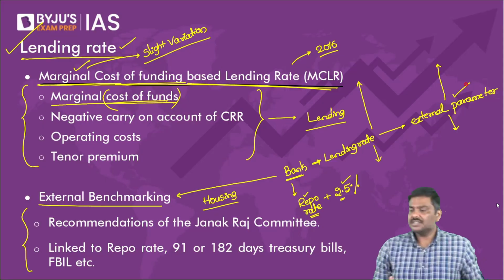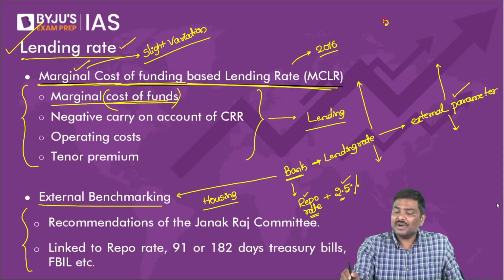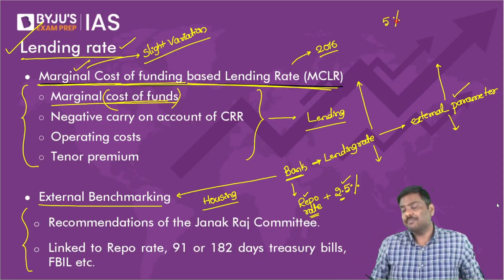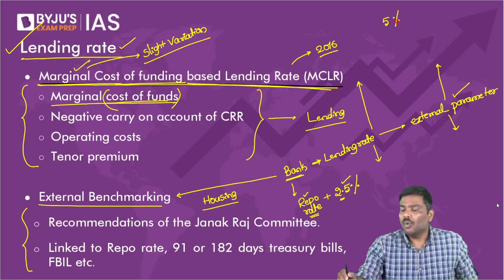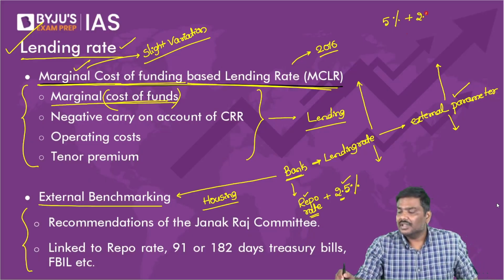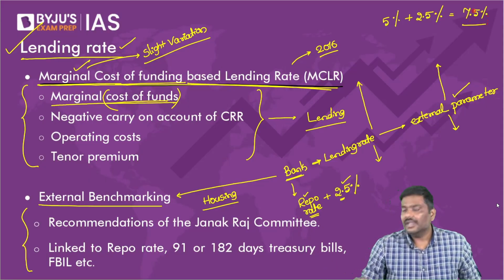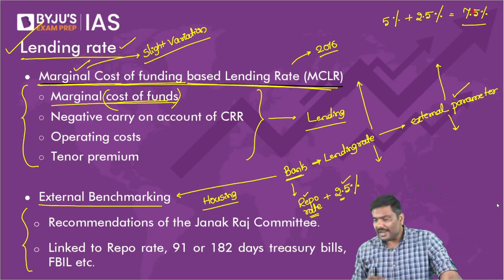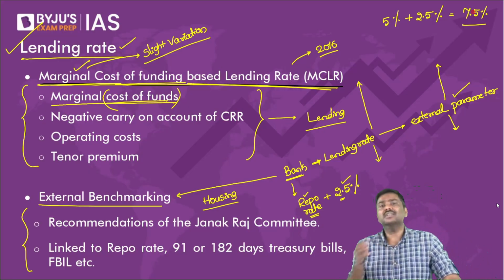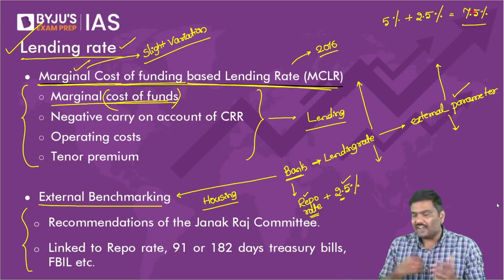Now think of this. If the repo rate is 5%, what will be the lending rate? The lending rate, that is the rate of interest, will be 7.5%. Any problem? If the repo rate is 5%, the rate of interest on this loan is 7.5%.